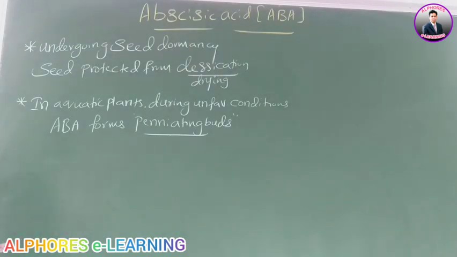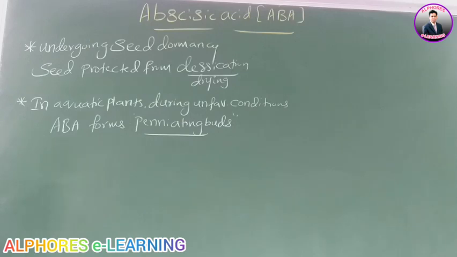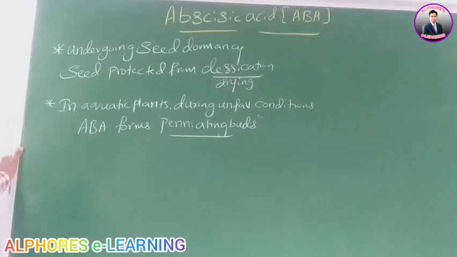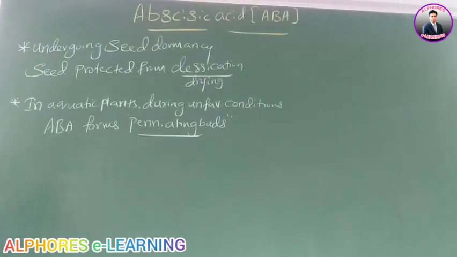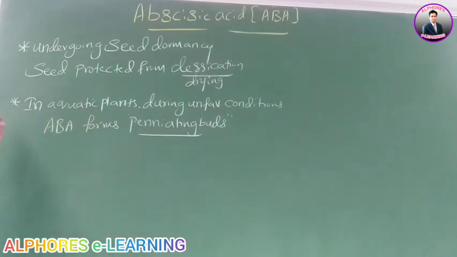The plant is facing unfavorable conditions not in the form of a plant, but in the form of these perennating buds. For example, take a water body. In that water body, an aquatic plant is present. If conditions become unfavorable, abscisic acid forms perennating buds. After formation of perennating buds, the plant will die.